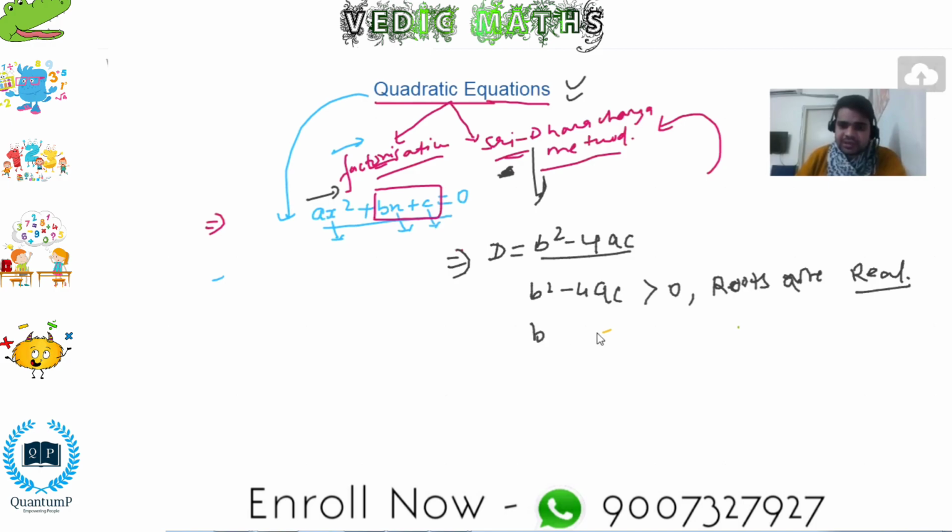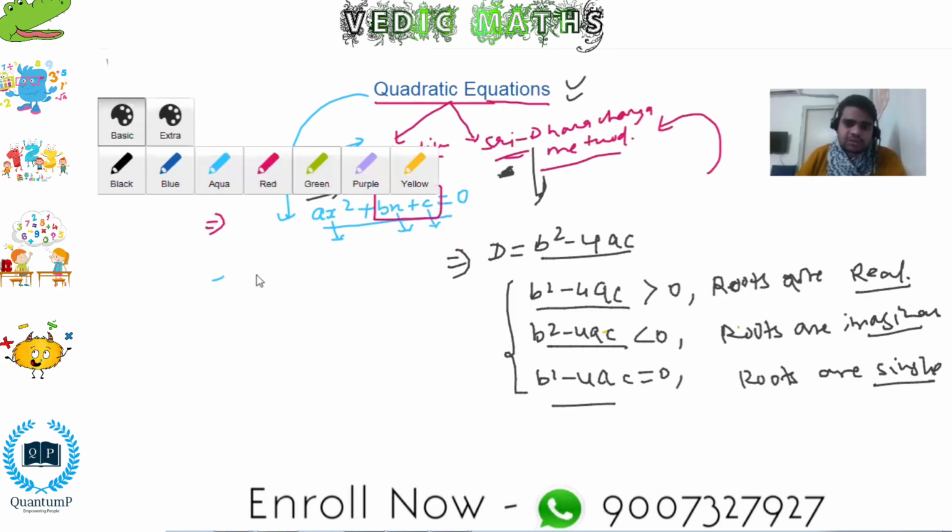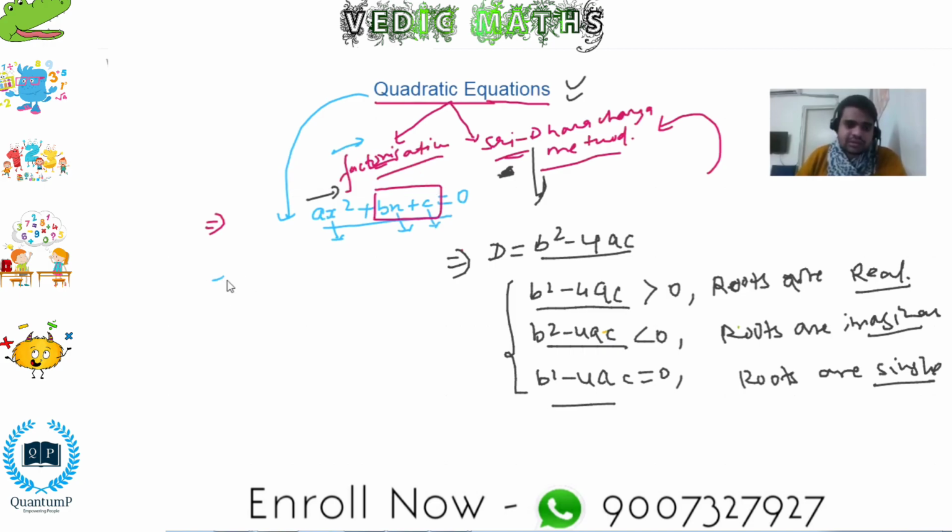If b square minus 4ac is less than 0, then roots are imaginary, which means not real. If b square minus 4ac is equal to 0, then roots are the same. Roots are same or single, you can write single root because they are same. So these three behaviors will tell you about the roots. Okay, so let's take an example.